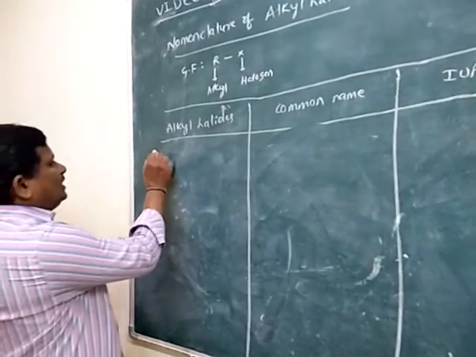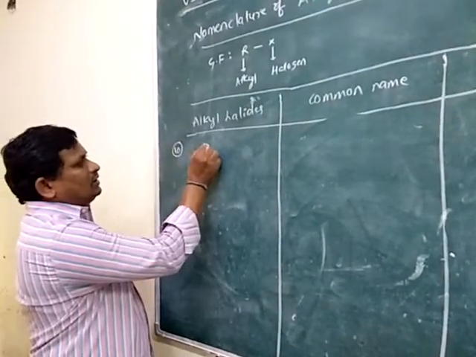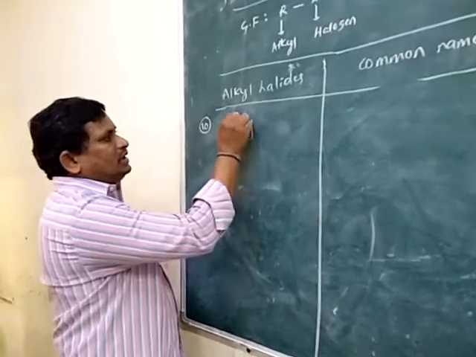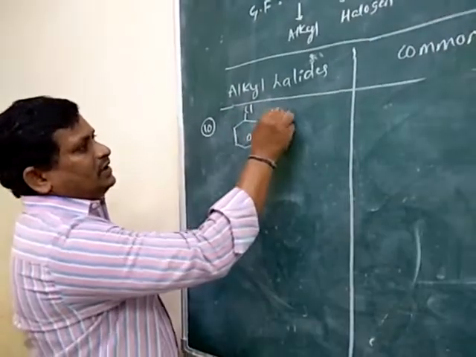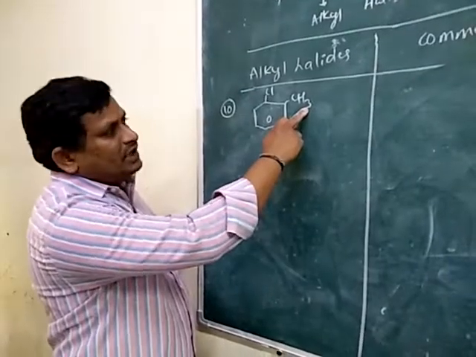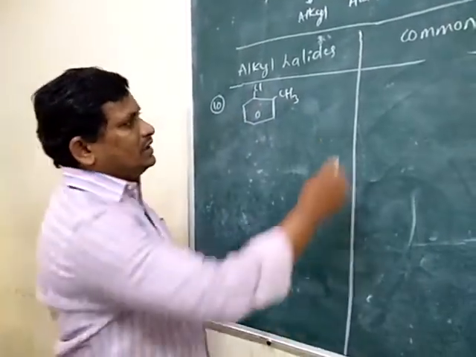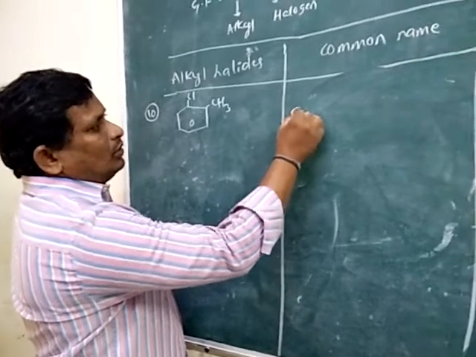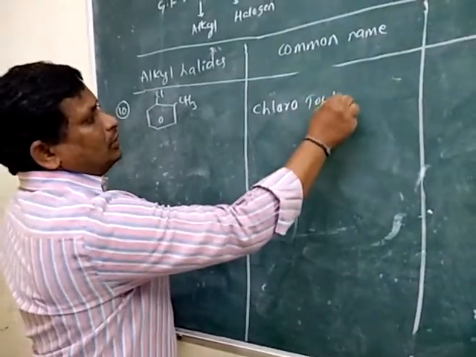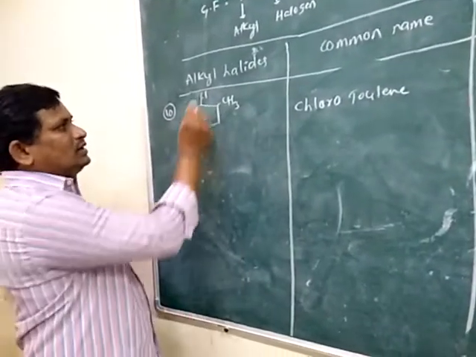So the next compound is the tenth compound. For example, let us consider benzene with Cl and CH3. Benzene with a methyl group is toluene, and with a halogen, it is chlorotoluene. Chlorotoluene is the common name.